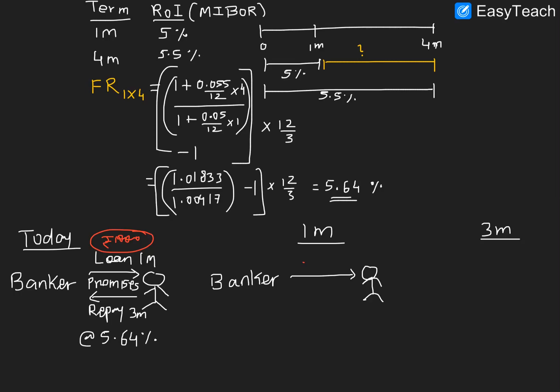So the banker gives a 1000 rupee loan after 1 month, and then both the parties again meet after 3 months, the banker and the customer meeting together. Now it's the turn for the customer to pay back.